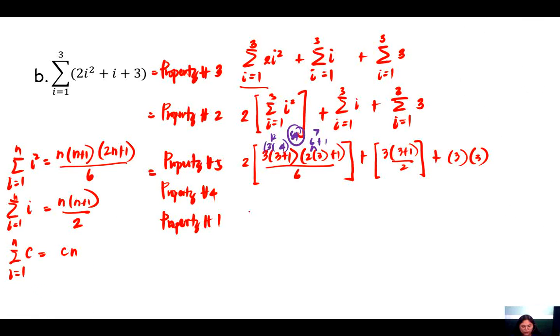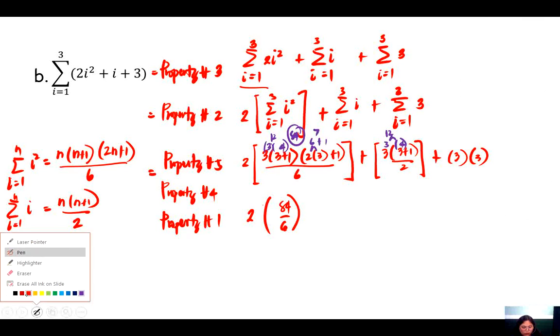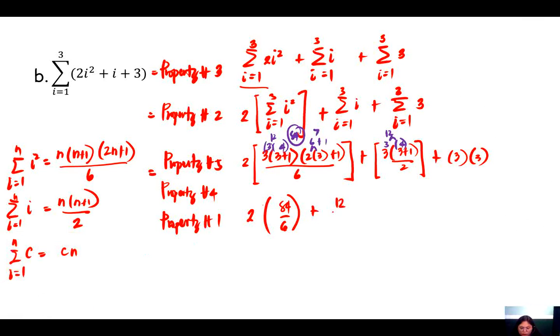So we have 2, bracket, 84 over 6. Next, we have 3 plus 1 is 4, times 3, we have 12. So 12 over 2. So plus 12 over 2. Next, 3 times 3 is 9. So plus 9. Let's input this on the calculator, or we can calculate this manually.